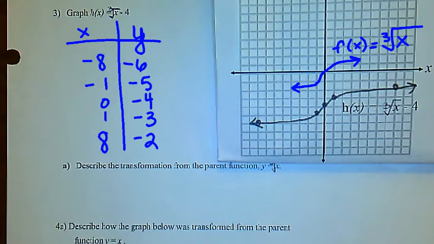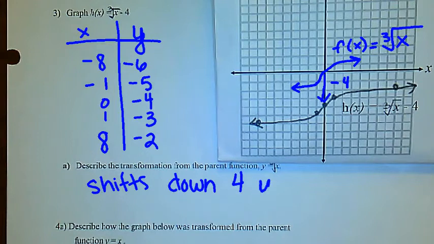Okay. So you can clearly see that that moves down 4 units. Okay, so it shifts down 4 units. You could also write translates.